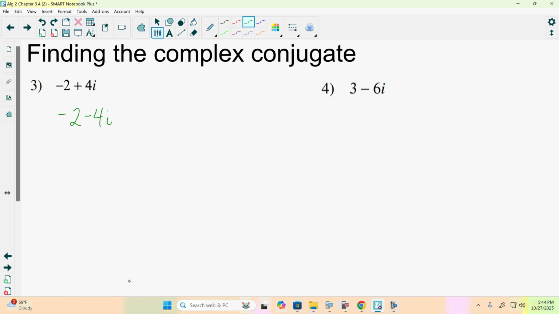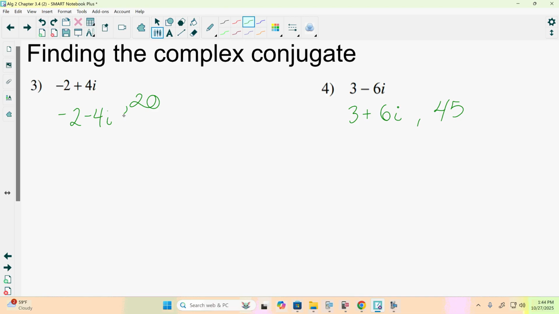All right, 3 minus 6i's complex conjugate would be 3 plus 6i. It didn't ask us to find the product, but if we did, we can multiply these two together and get 45. So number 3 would be 20 if we found its product.